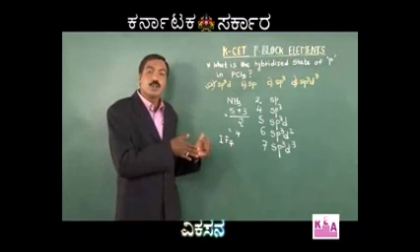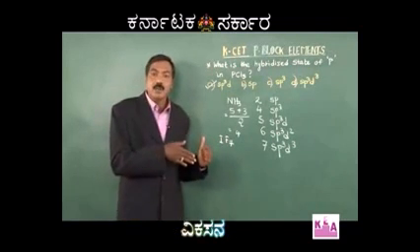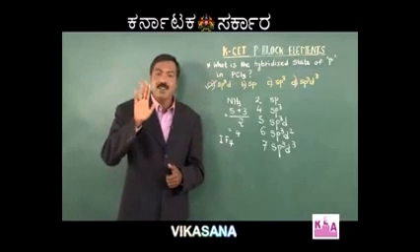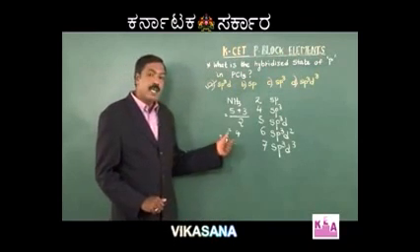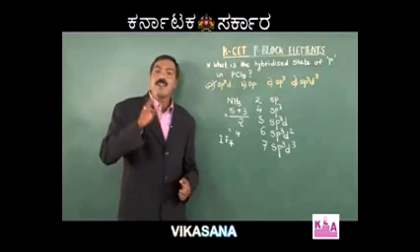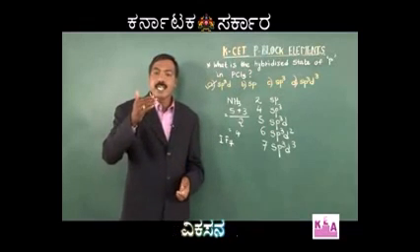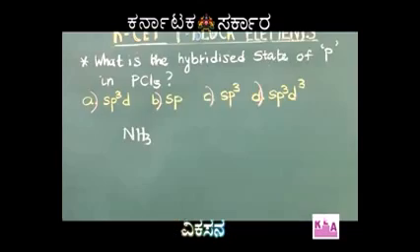Iodine belongs to group 17. 7 valence electrons. Fluorine is a monovalent atom. 7 plus 7, 14. 14 divided by 2 again is 7. Therefore, my answer would be sp3d3. Hope you got it. Therefore, never make a mistake in calculating the hybridization state.